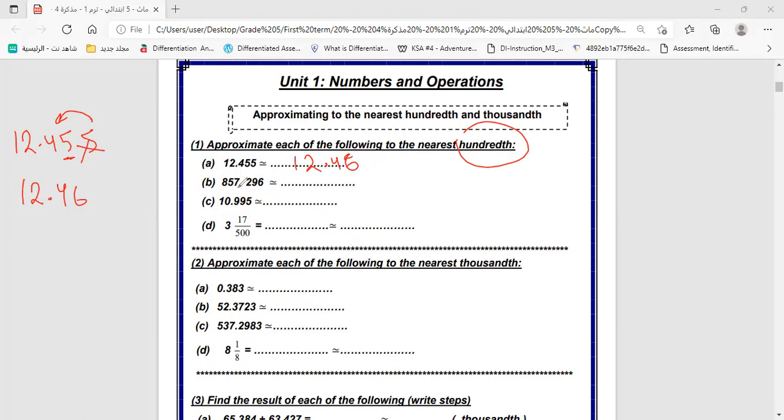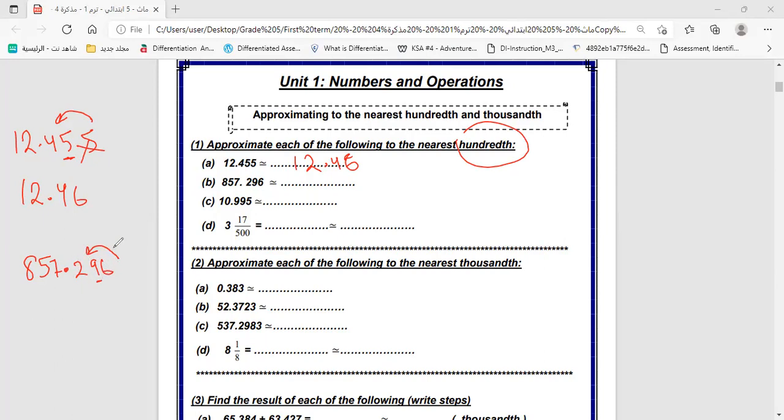Okay, let's discuss number B. Go to the hundredth digit. How do I know where the hundredth digit is? After the decimal point, you have tenth, then you have hundredth. Look next door. You will find 6. 6 is a strong number, so it will give the 9 one more. If I add 1 to the 9, I will carry up another 1.